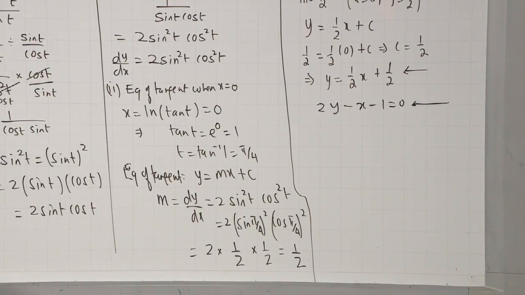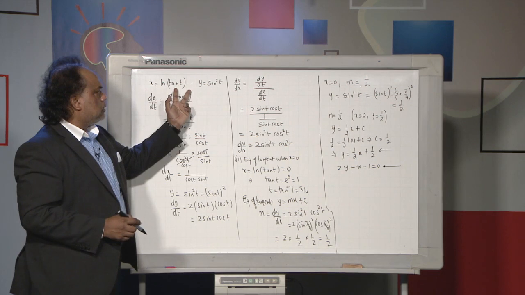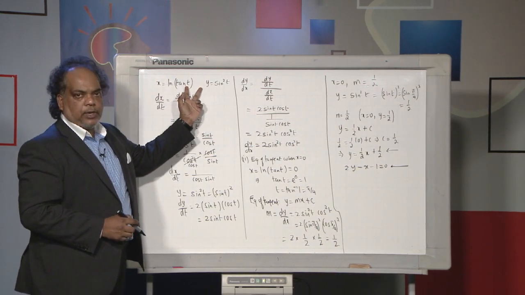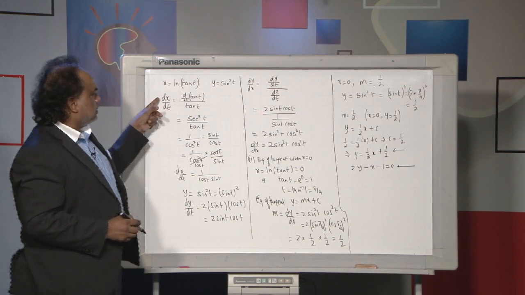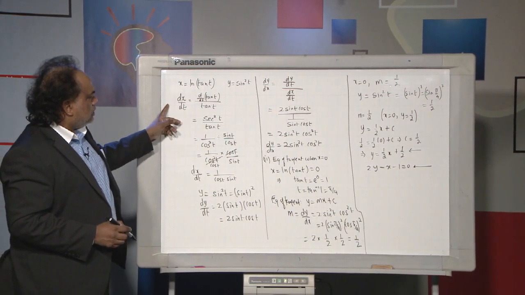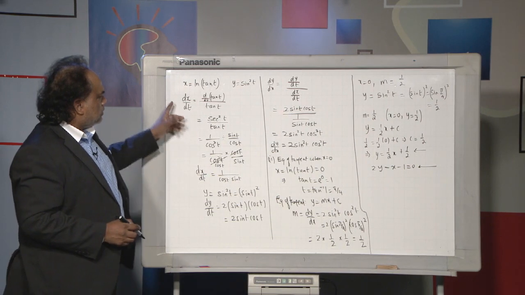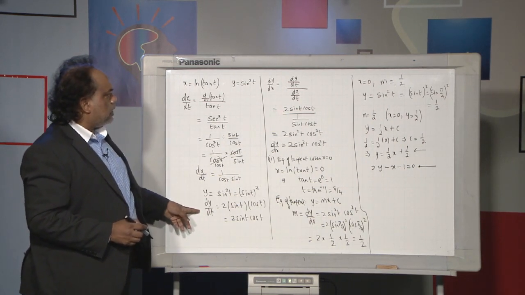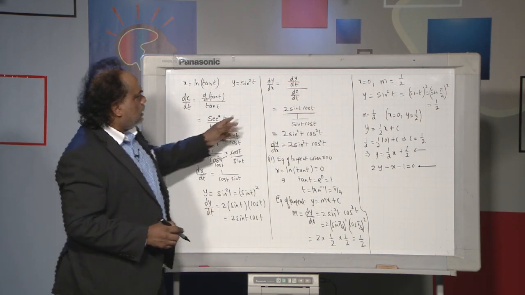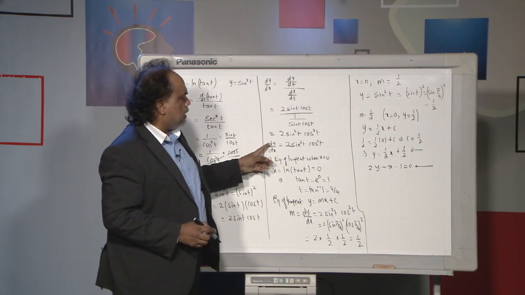So here we were given parametric equations. We differentiated x to get dx by dt. And then we differentiated the equation connecting y to t to obtain dy by dt. And then finally, we obtained dy by dx.